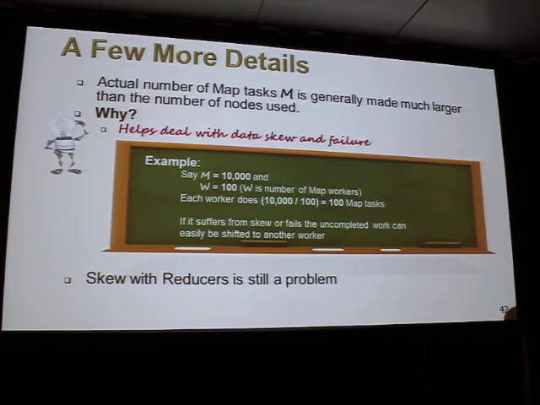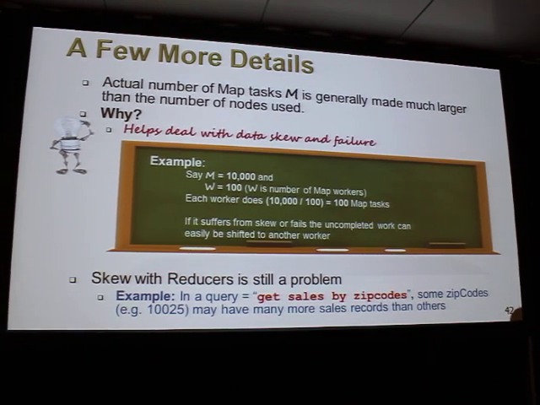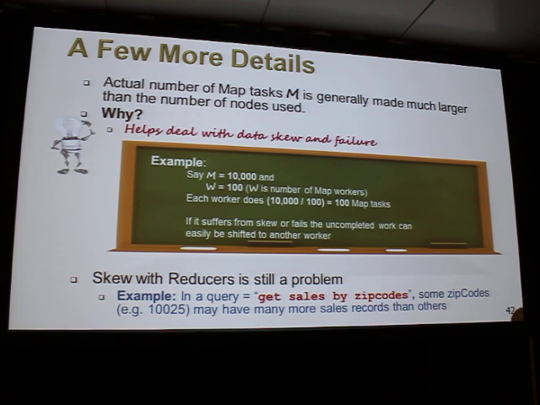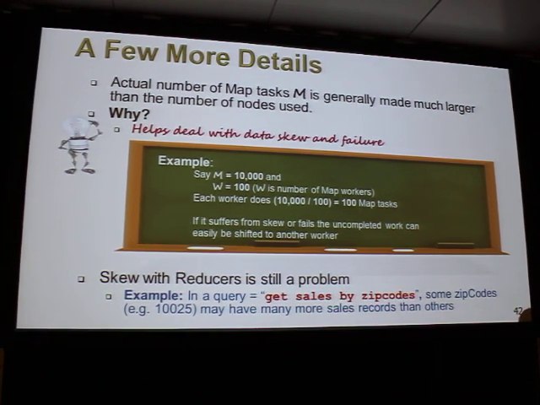Now on the reducer side, you still have a skew problem. On the mapper side, this actually increases your performance, but on the reducer side, you might have a skew problem, because if the result set produced, in this case for a particular zip code, is larger, you might simply have more work to do there. And there's nothing you can do about that.